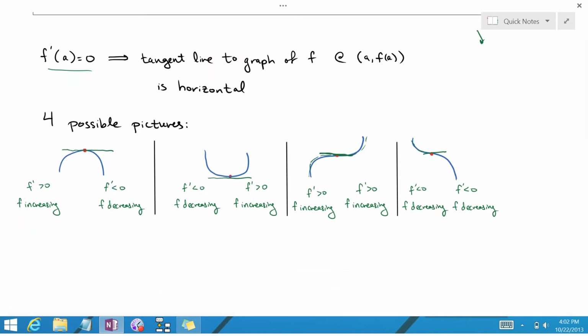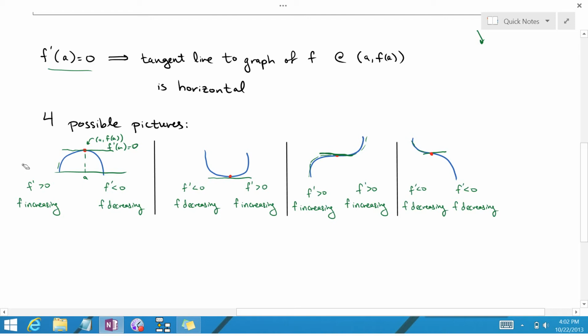And you'll notice that here, to the left of this point, so this red point here, that would be our a comma f of a, right? And f prime of a would be 0. So a would be whatever, if there's the x-axis, a would be that point on the x-axis. So notice to the left of a, the function f is increasing, it's getting bigger, which, as we said before, corresponds to its derivative being positive.